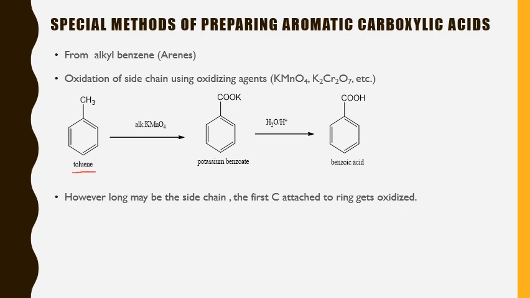Toluene upon reaction with alkaline KMnO4, with a little heating, will oxidize the carbon attached to the ring to the corresponding carboxylate, COO minus. The potassium ion from KMnO4 will compensate the negative charge so that a salt is formed, and this will give you potassium benzoate.